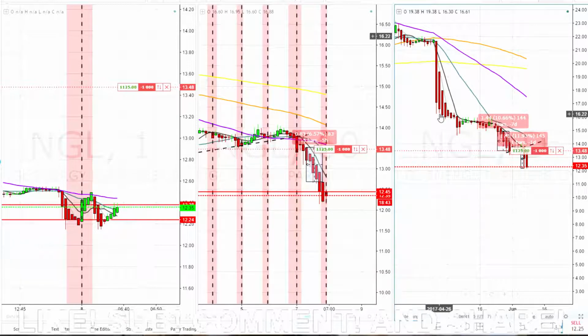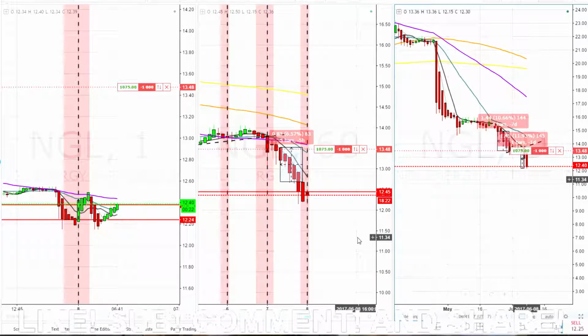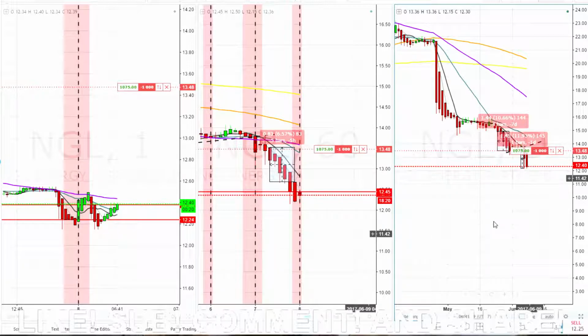Even right here, as far as the price range, she didn't go down as far as she did right here, but then the next day she did. But then the next day after that, she came back up and came back up again. So that's why I prefer day trading versus holding on to a trade. The market is just too volatile.